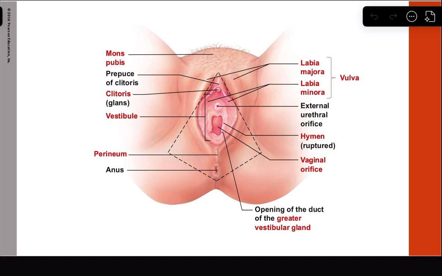Okay. Now this diamond-shaped area over here, the region between the anterior end of the labial folds, the ischial tuberosities laterally, and the anus posteriorly, is called the perineum. Okay, so this is going to be the perineum.